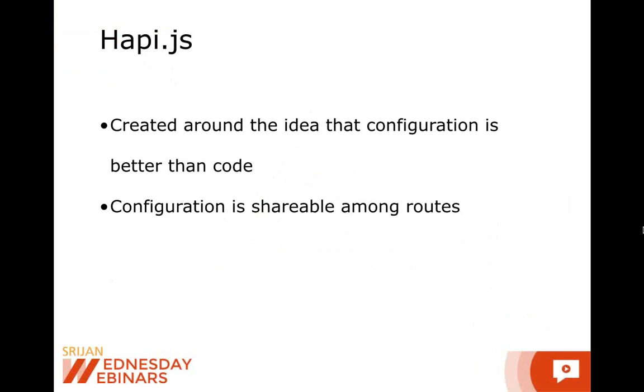You can write a configuration which says to fetch the user object before giving it to the business logic. That configuration can be shared among all the routes which need that user object. So configuration is very shareable, and thus it makes you very productive in the long run.